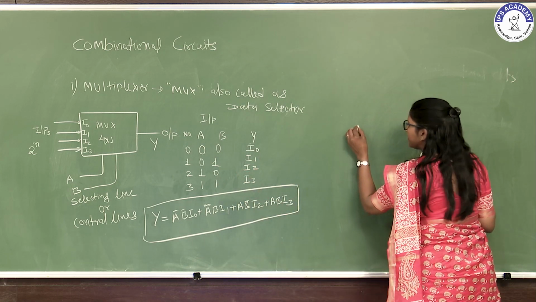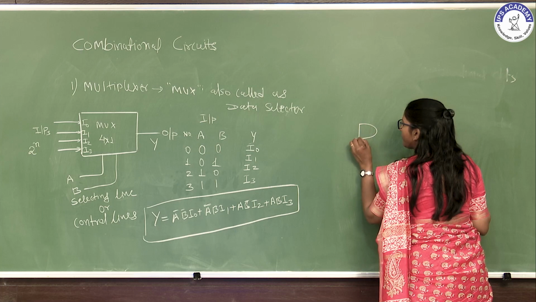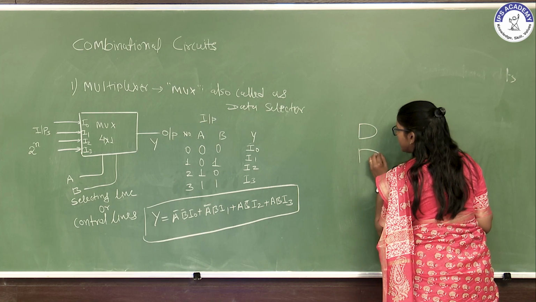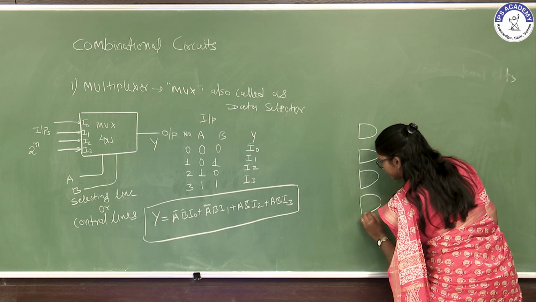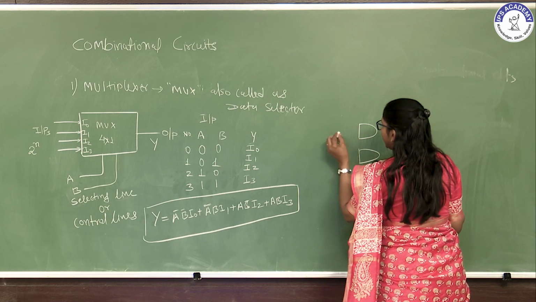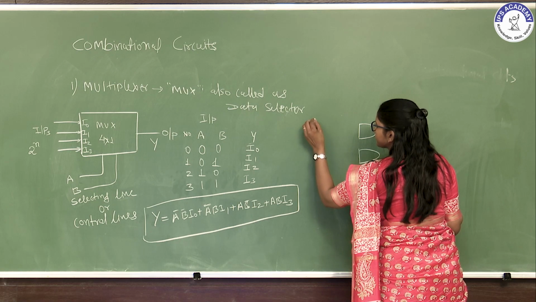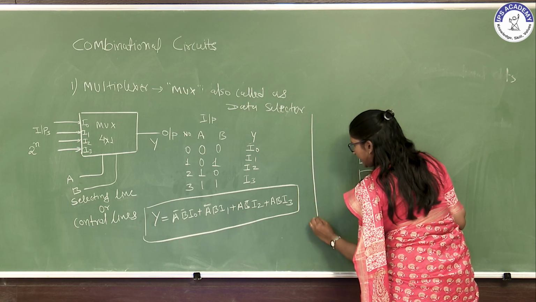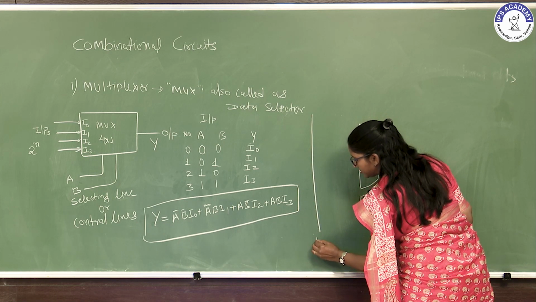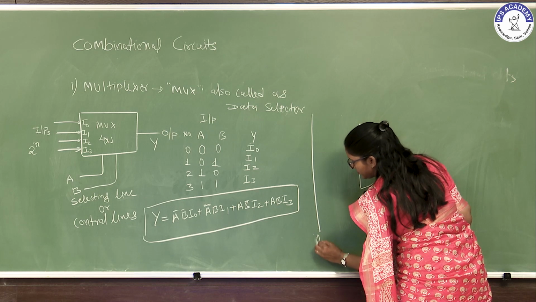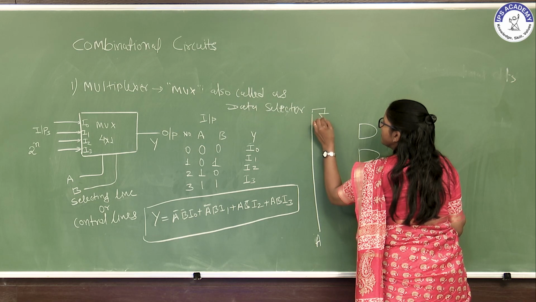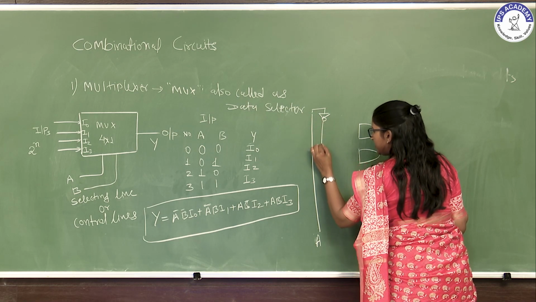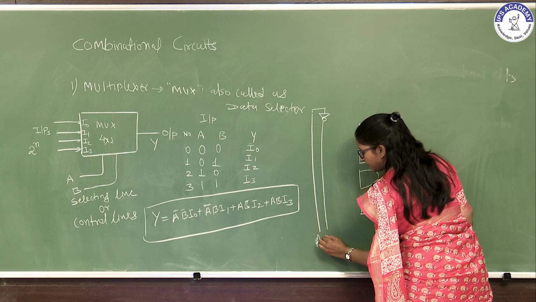So here we will take 4 NAND gates. And the input is, here I am taking the direct input, that is A. This is the easiest way to design. This will be the A bar.